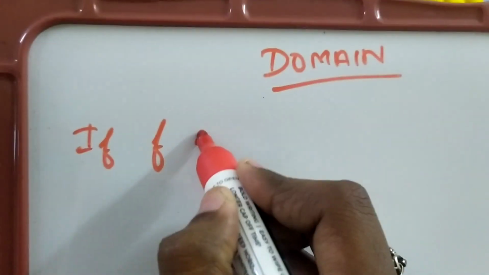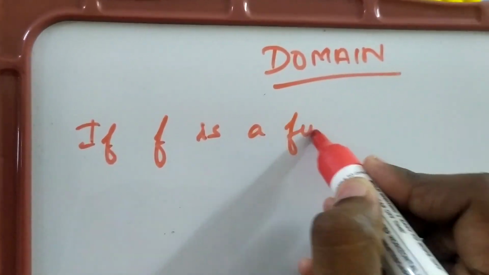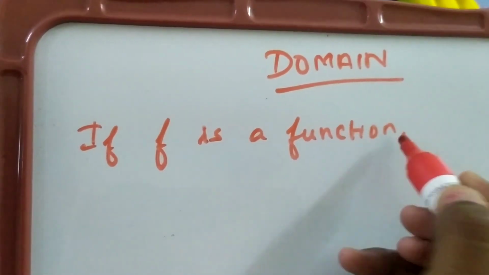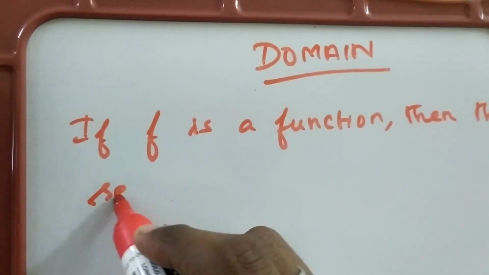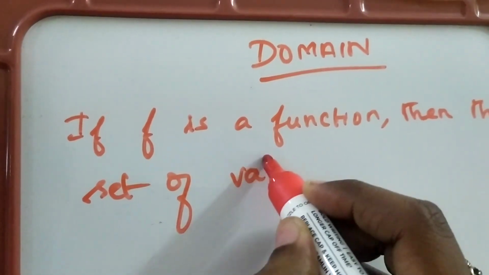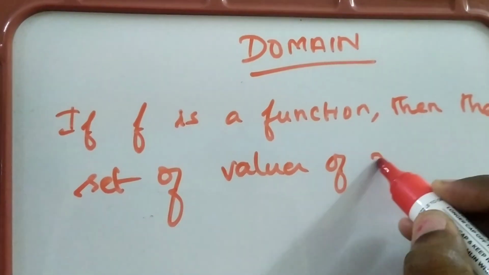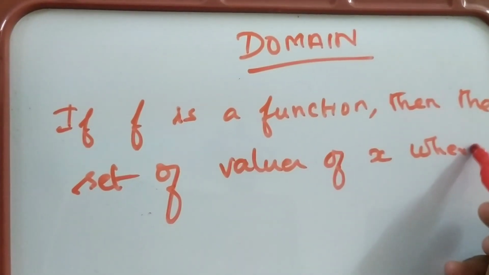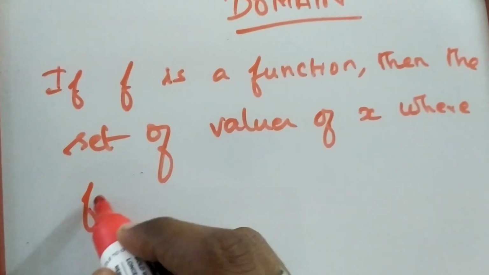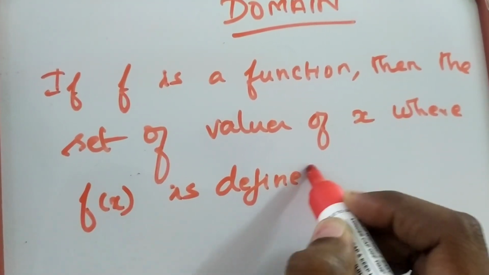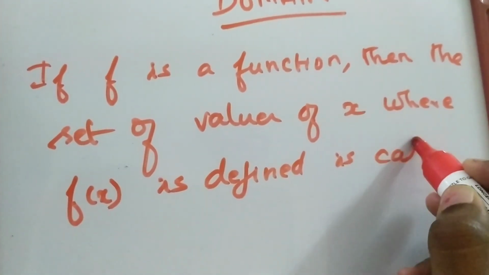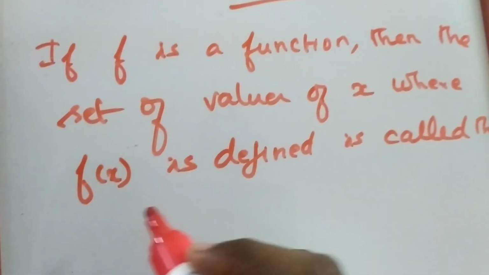If f is a function, then the set of values of x where f of x is defined is called the domain.